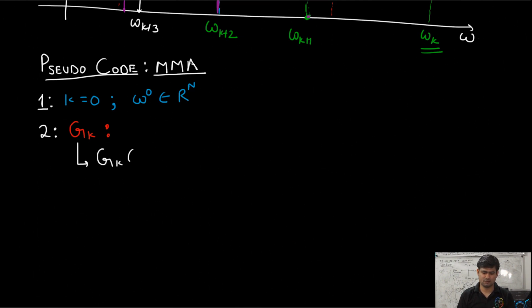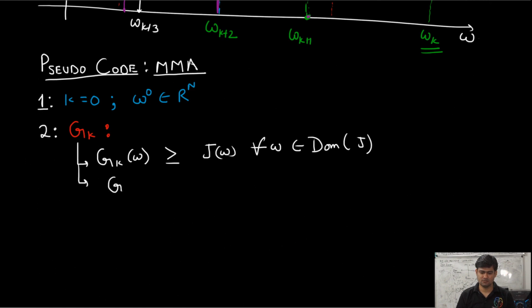So gk of w is greater than or equal to j of w for all w in the domain of function j. Second condition is that gk of wk should be equal to j of wk.